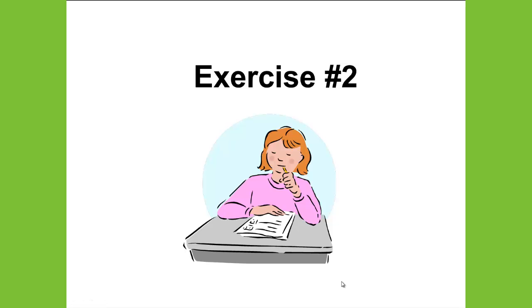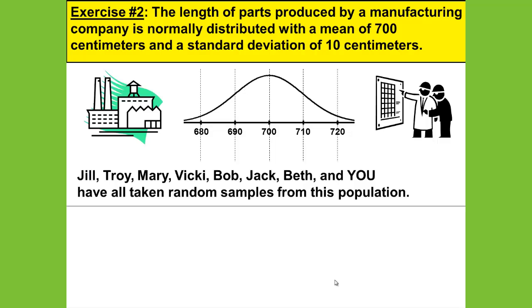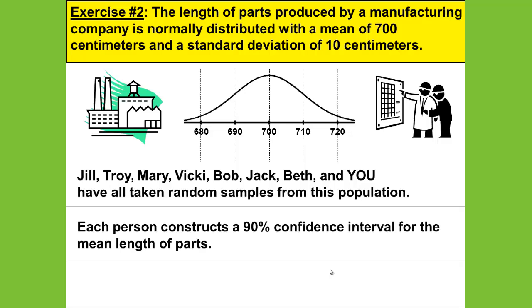Now for exercise 2. Again, we're still on that same setup, and we're now going to pretend that a lot of people have taken random samples. Maybe everybody that manufactures this particular part. So Jill, Troy, Mary, Vicki, Bob, Jack, Beth, and you have all taken random samples from this population.